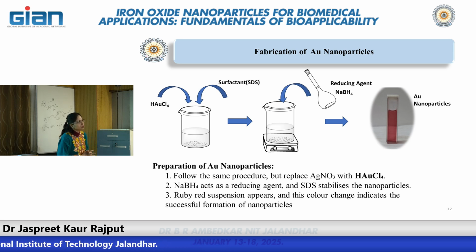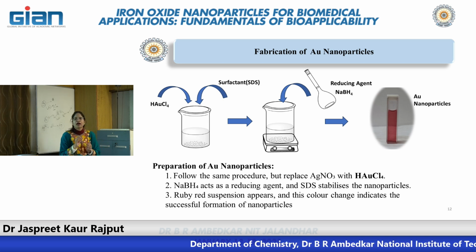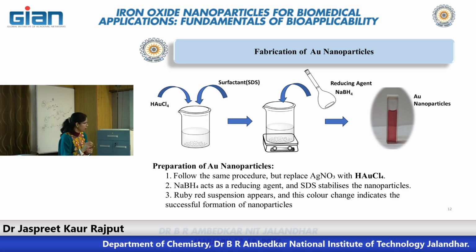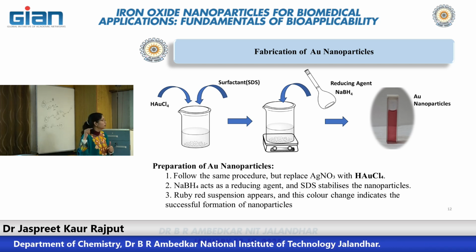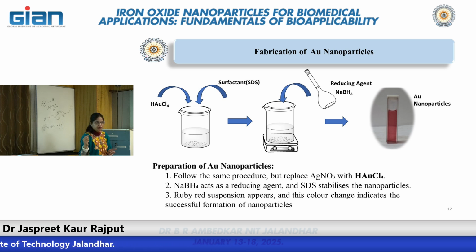If you see the old buildings of certain churches or other buildings, on the glass they have stained glass. Those stained glasses have a suspension of nanomaterial, because these suspensions give different colors. The stained glass was made up of different colors of nanomaterial, like silver, gold and copper.